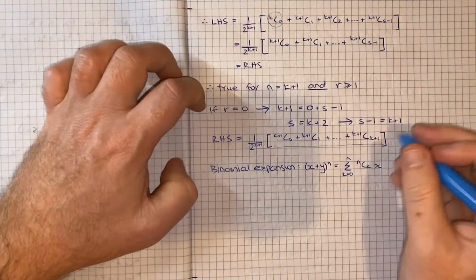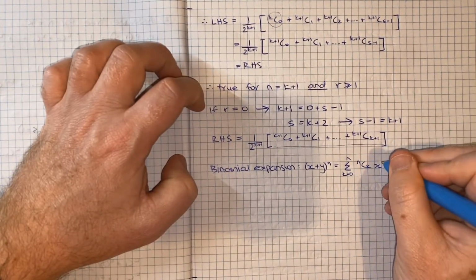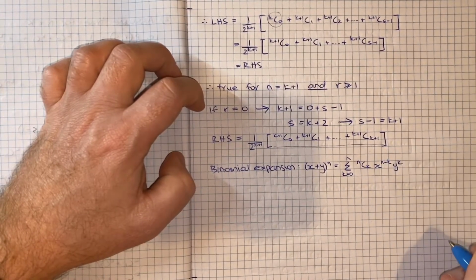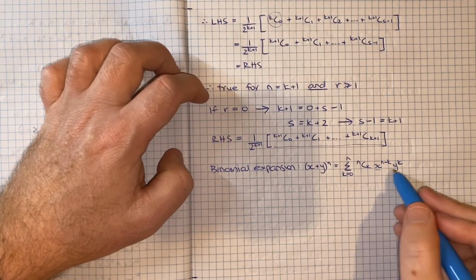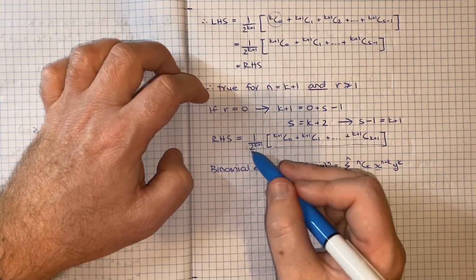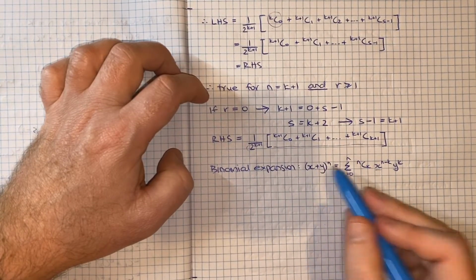There's a few ways you could write this, it almost doesn't matter. The reason I say it doesn't matter is we're going to let x and y both be 1, because I want 2 to the power of something, so we're going to get 1 plus 1 is 2.